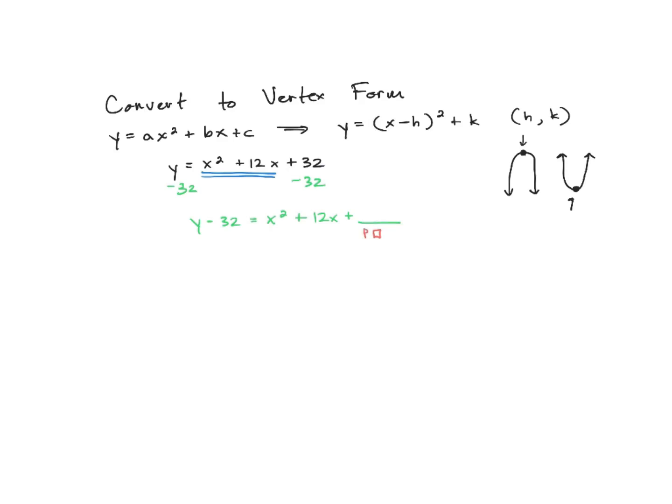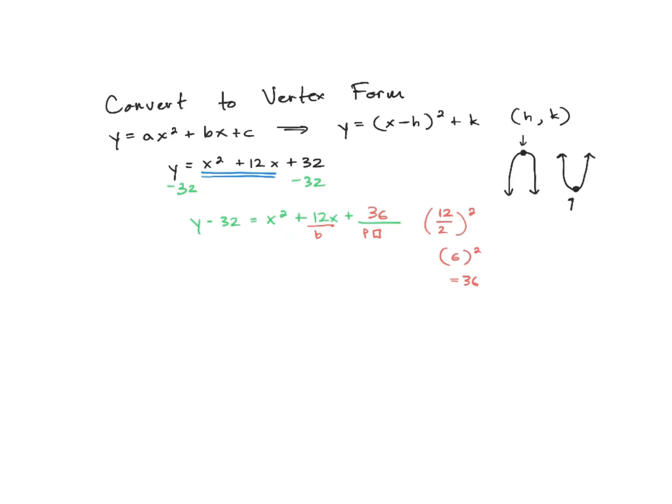Now, in order to find my perfect square, I'm going to use my b, in this case being 12. So I go 12 over 2, 6 squared, 36. So that's the perfect square I'm going to put in here that's going to allow me to factor.